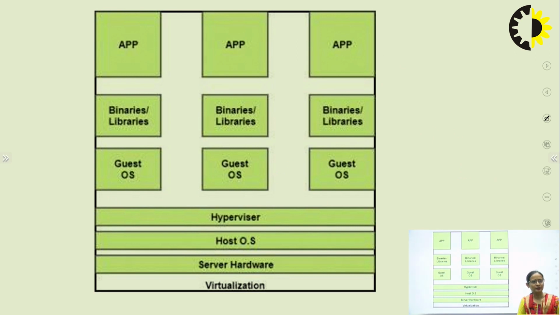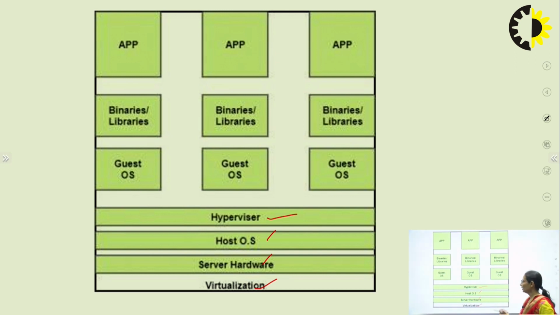So how is the virtualization being done? We have the hardware, and on that hardware the actual OS, that is your host operating system, is running on your host system. Here we have a layer of hypervisor, the software which does the virtualization for you.